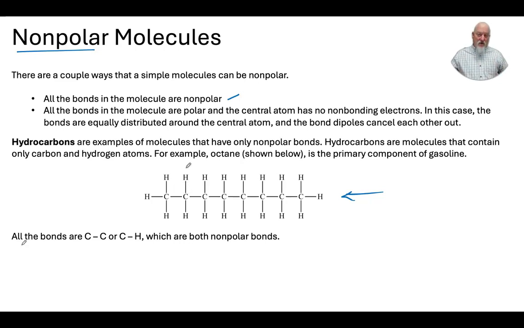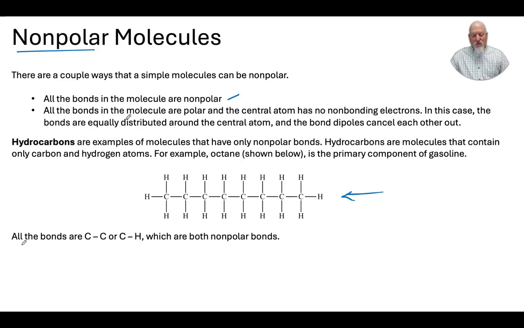Carbon-carbon bonds aren't polar clearly because they're both the same atom with the same electronegativities. Carbon-hydrogen bonds we saw earlier were not polar because the electronegativity difference is not big enough to make them polar. So all the bonds aren't polar, so overall octane is not polar.